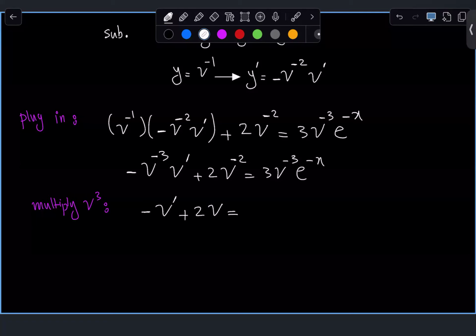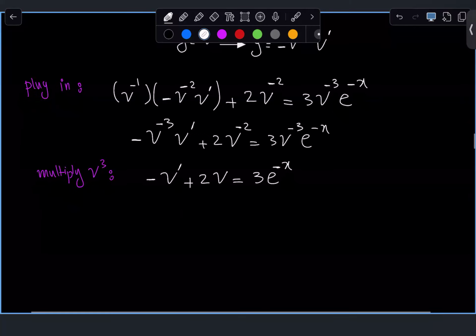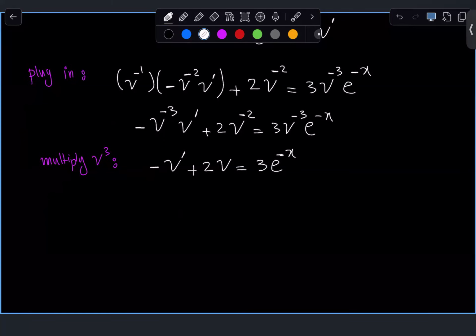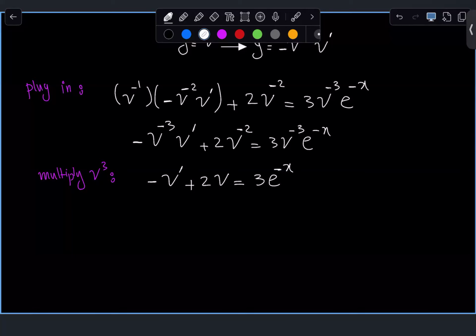2v equals 3e to the -x. Right? Okay. Now, this is a linear equation.